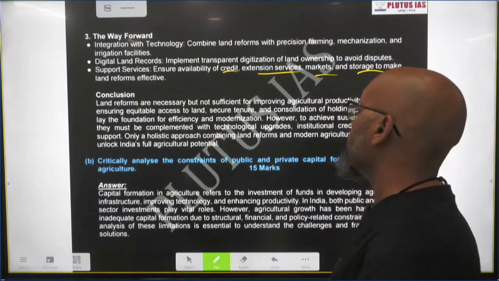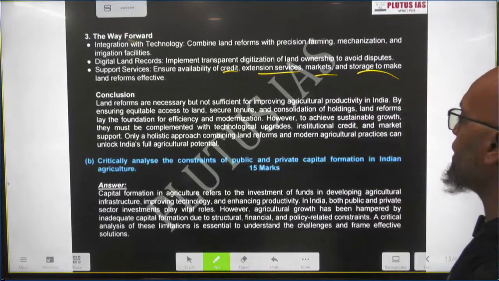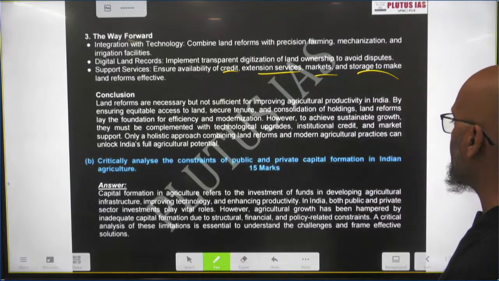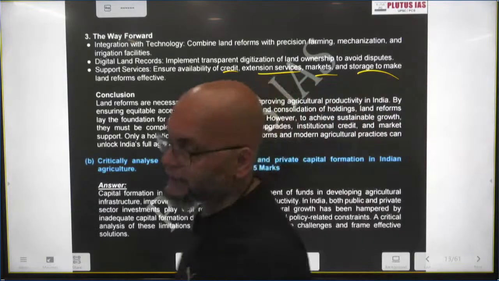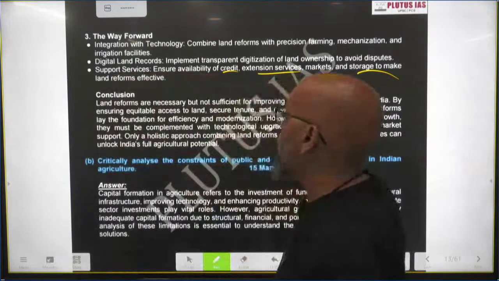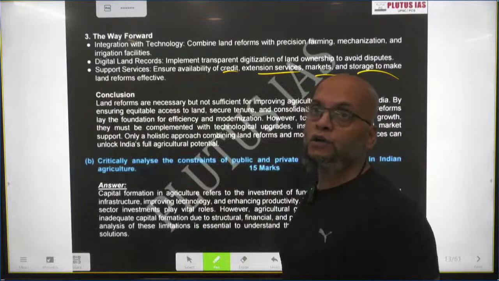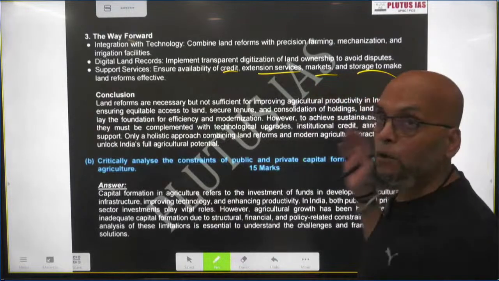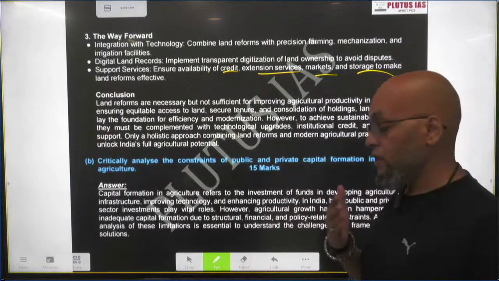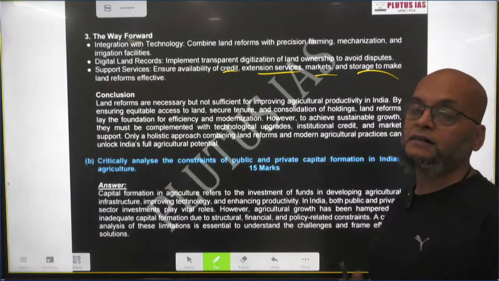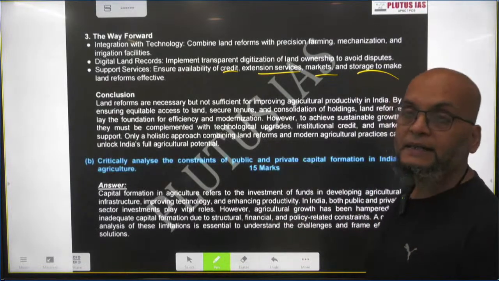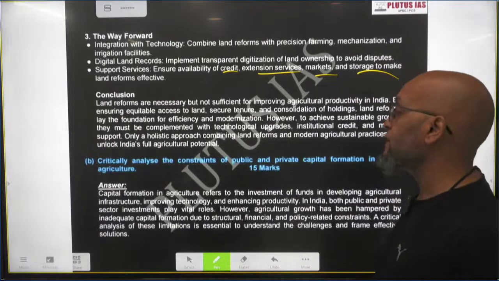Only a holistic approach combining land reforms and modern agricultural practices can unlock India's full agricultural potential. So, only land reforms cannot do it. There are other factors, modern technology, storage, markets, all of which have to be provided. When all these things are undertaken simultaneously, only then can there be an improvement.